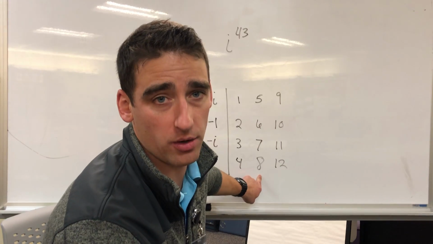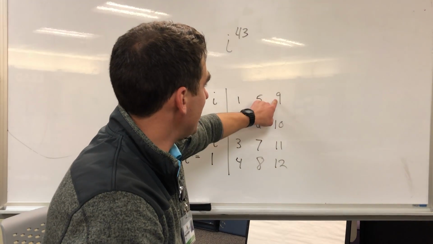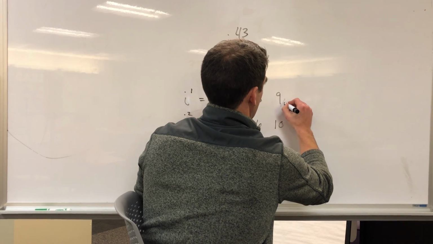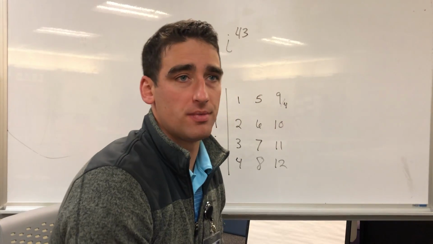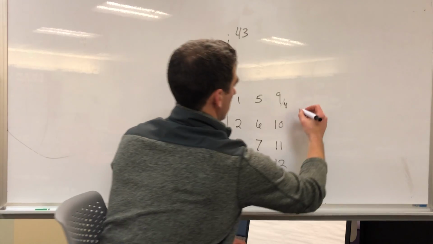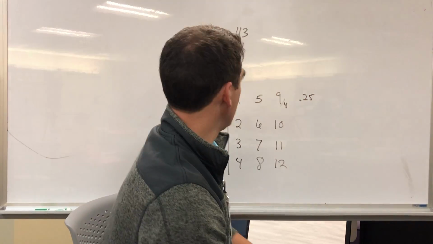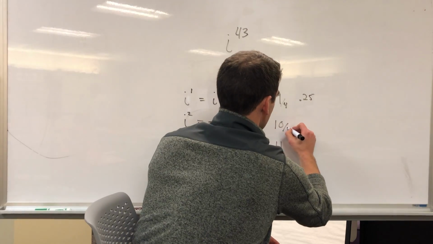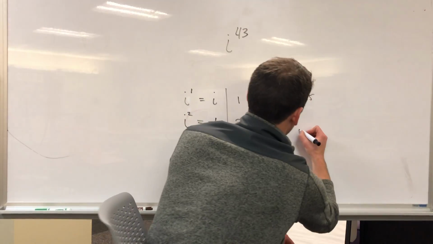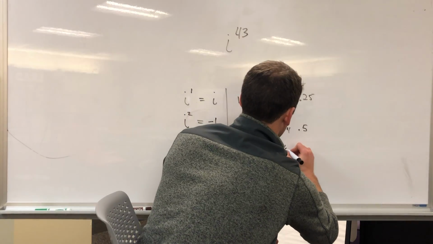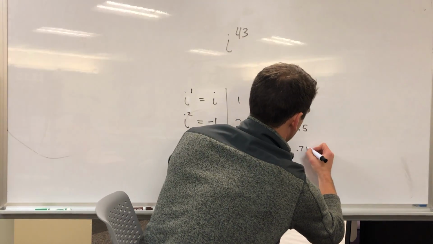And I'm going to teach you a trick, okay? If I do 9 divided by 4, I'm going to get a number that ends in a 0.25. If I do 10 divided by 4, I'm going to get a number that ends in a 0.5. If I do 11 divided by 4, I'm going to get a number that ends in a 0.75.